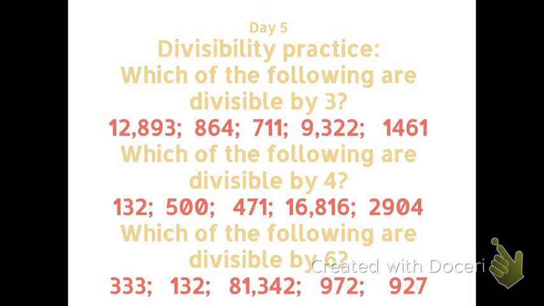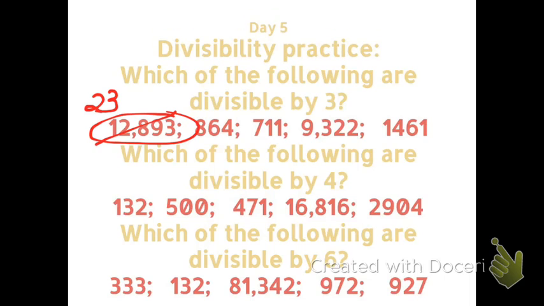Carson, is it divisible? No. How do you know? Because I added up all the digits and it was 23. Yeah, so when you add up these digits right here, you will get 23. 23 is not divisible by 3, so therefore the whole number is not. So this one is not.